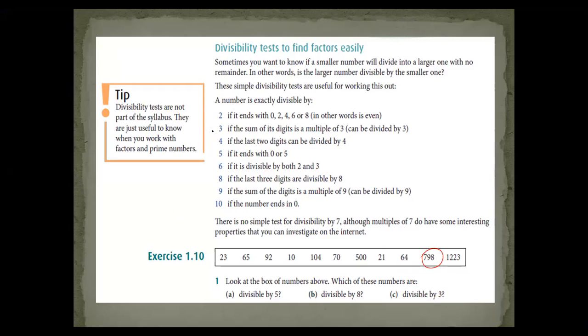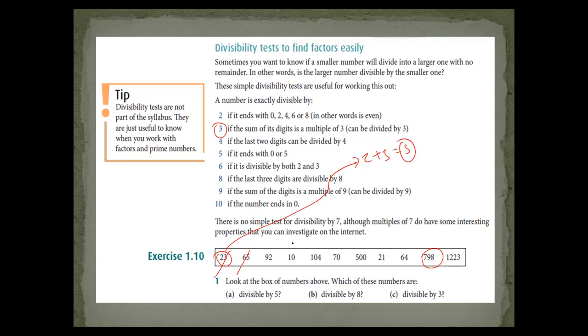Okay, and by 3. What was the rule of 3? The sum of its digits is a multiple of 3. For example, the sum of these numbers: 2 plus 3 is 5. 5 is not a multiple of 3. It's not divisible by 3 without remainder.